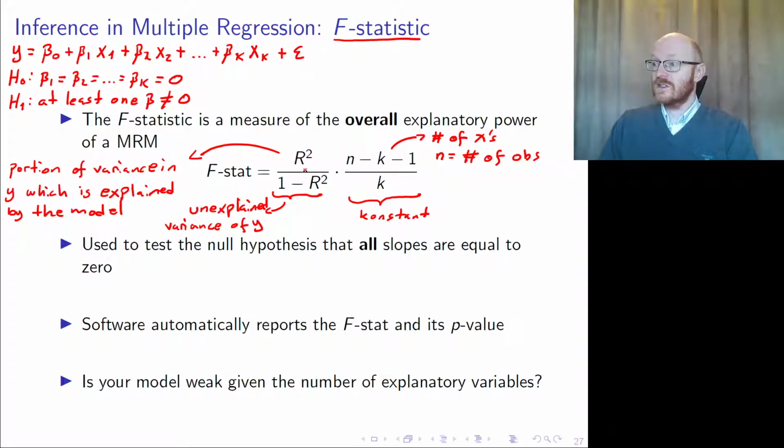Okay, so the F statistic is really a ratio of the explained variance divided by the unexplained variance. So the more you can explain, the higher the F statistic.